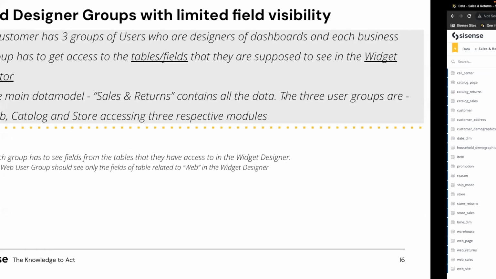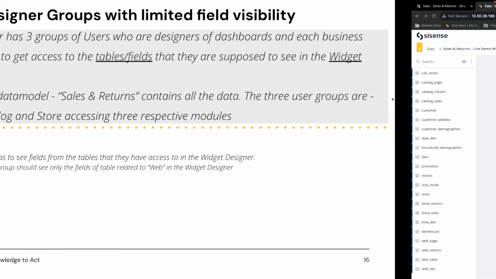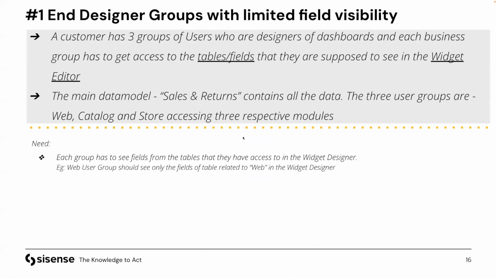local DIMs, right? So now the customer has this huge data model with 3 different business modules. Now they have 3 different business groups, the catalog, store, and web, and they want to only share the tables and fields for their end designers to create just a store dashboard or a web dashboard or a catalog dashboard, right?